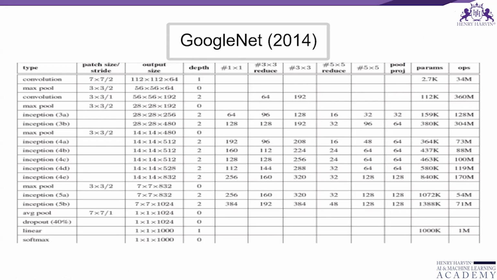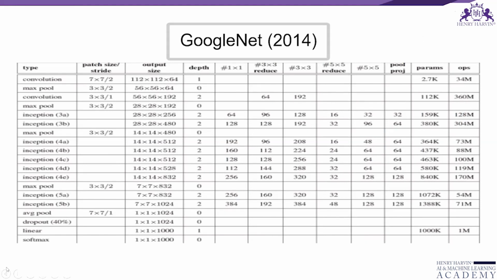So the exact structure of the extra network on the side, including the auxiliary classifier, will be like this. There will be an average pooling layer with a 5x5 filter size and stride 3, and it results in a 4x4x512 output for 4A, and a 4x4x528 output for the 4D stage, right? Then a 1x1 convolution with 128 filters for dimension reduction and rectified linear activation.